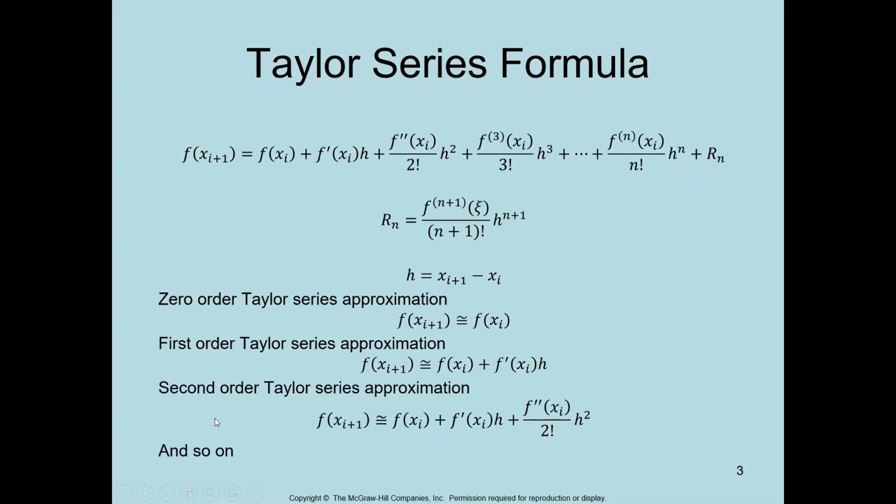For example, if you want the third order Taylor series approximation, then we need to take the first four terms of the Taylor series. This is how you approximate various values using the Taylor series.